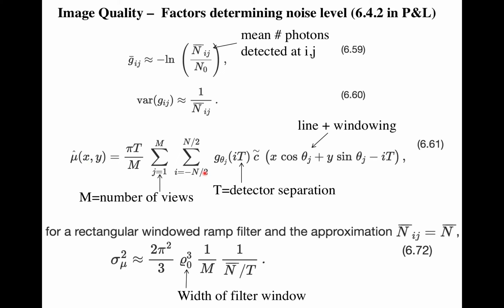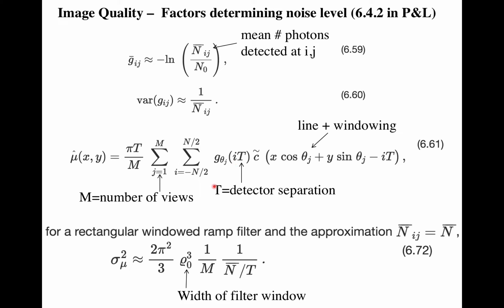Along the detector in the L direction, we have n plus 1 samples, and these are the number of angular views used to create the image. Writing it down like this lets us put numbers here so we can see how signal to noise is going to go with respect to the number of views, and with respect to the dimension of the detector.